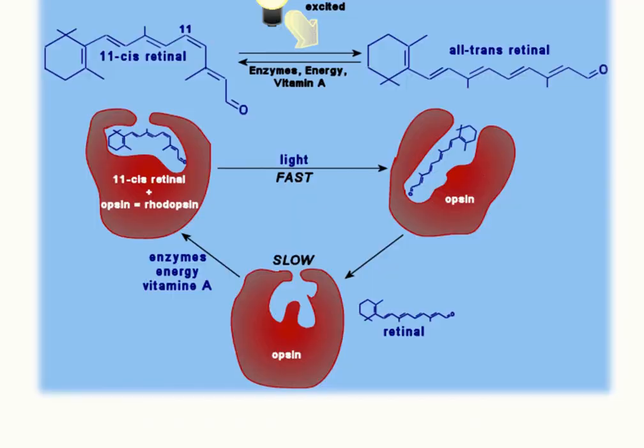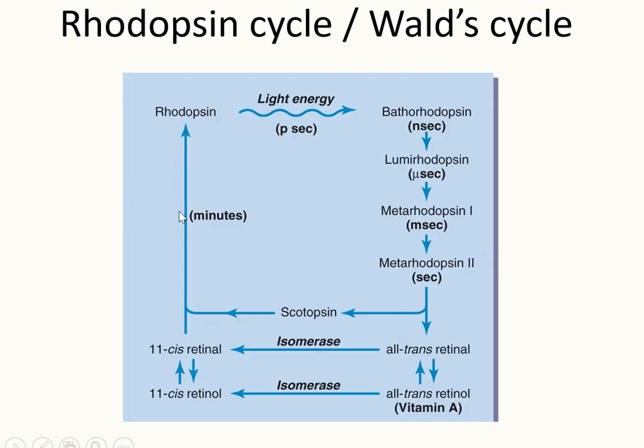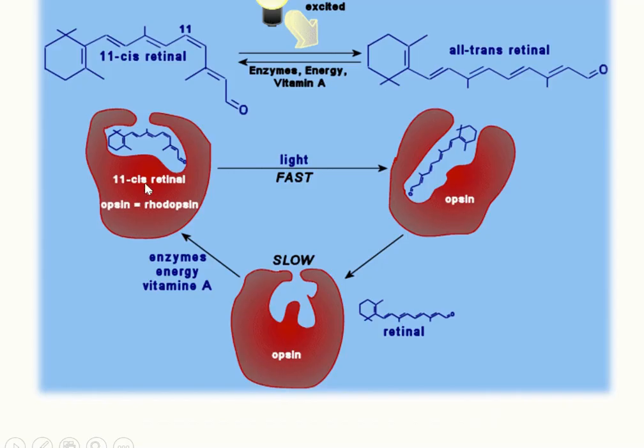Just observe the diagram here. This is 11-cis retinol with a scotopsin. Together we call it the rhodopsin molecule. You can see the protein holding this 11-cis retinol. But when light strikes this molecule, 11-cis retinol changes itself into all-trans retinol.